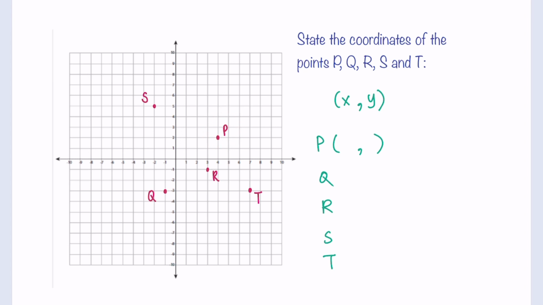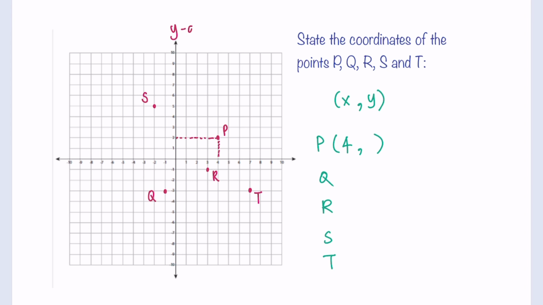What we're going to do is extend vertically and horizontally to see the coordinates. You can see that the P, when we extend vertically, it's sitting on the 4. And this is on the x-axis. So it means that the x coordinate for P is 4. Let's also label the axis to make it clearer.